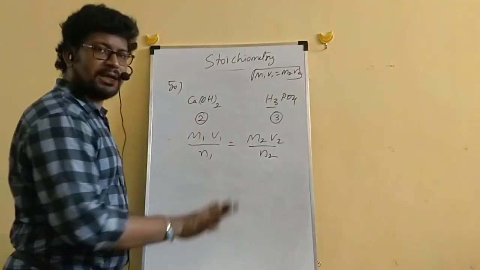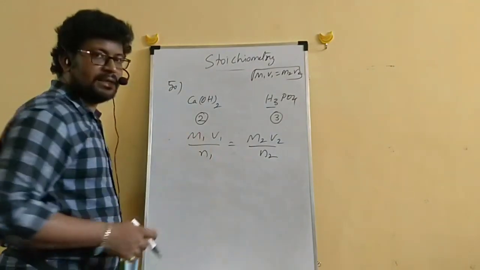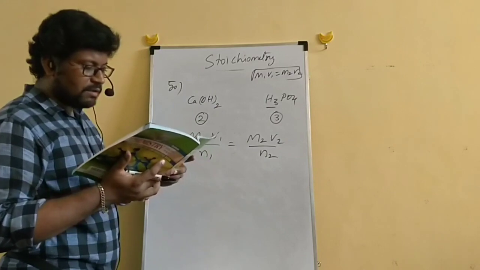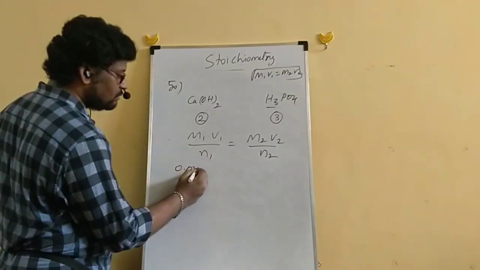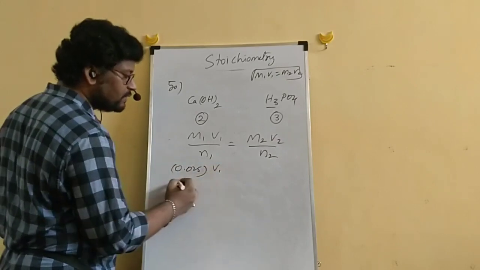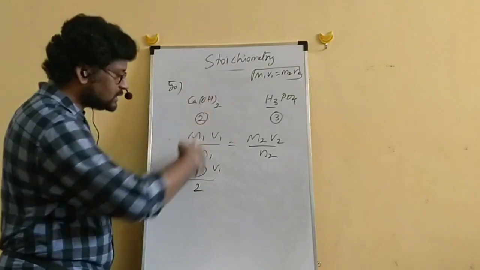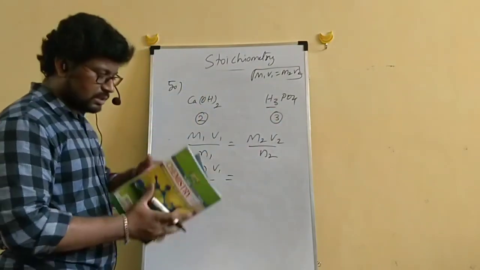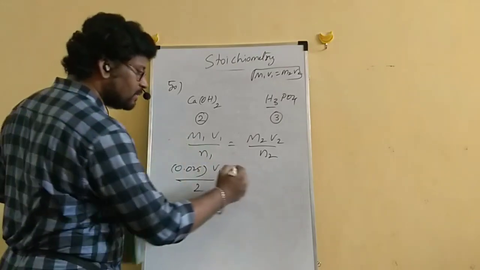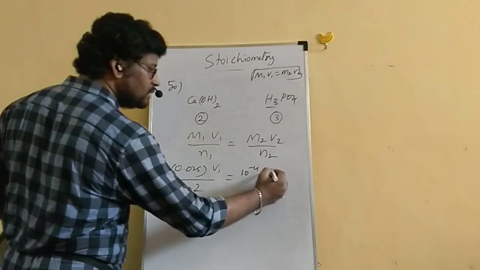Now let us see. They give the molarity, 0.025 molar, into V1, which we don't know; we have to find V1 only; N1 is 2. This is regarding Ca(OH)2, equal to the right side, H3PO4. They give the molarity 10 power minus 4 into volume 100 ml.